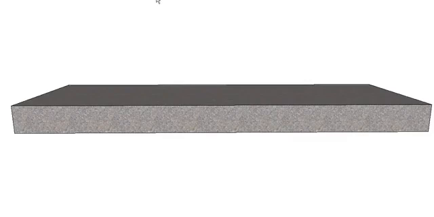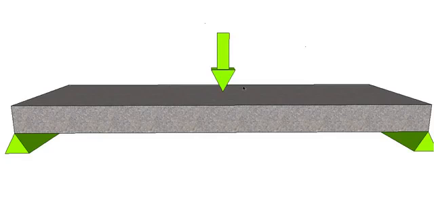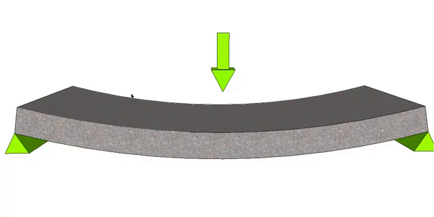So what happens, especially with suspended slabs, if the slab's supported on both ends, such as this one, and then there's a load placed in the middle, and that could be the self-weight of the concrete, or any live loads or dead loads that you're going to put on top of it, then what's trying to happen is that the slab is being pushed, or trying to be pushed into that shape.